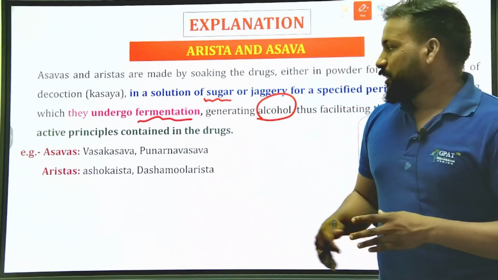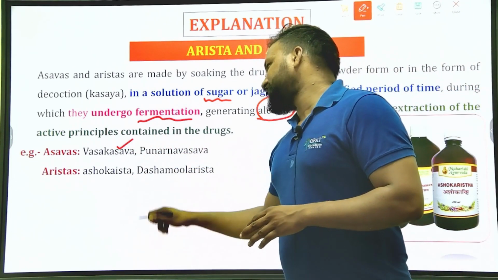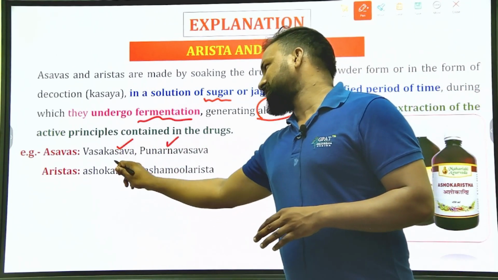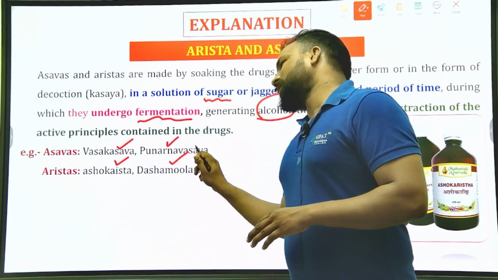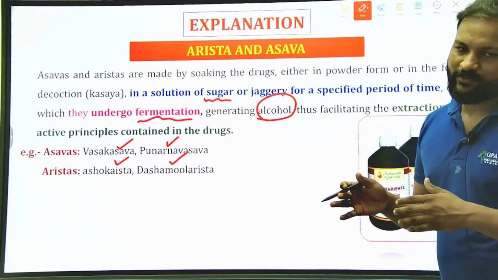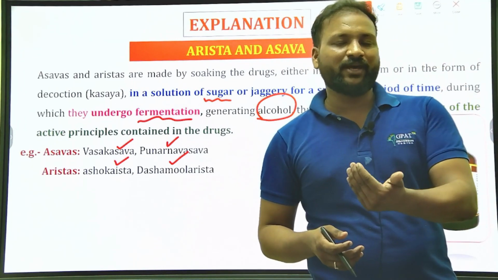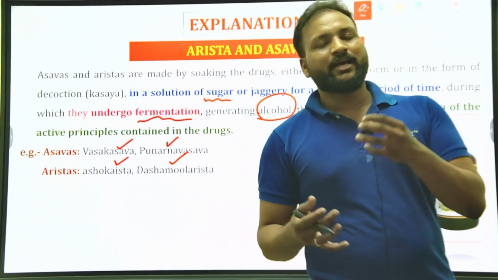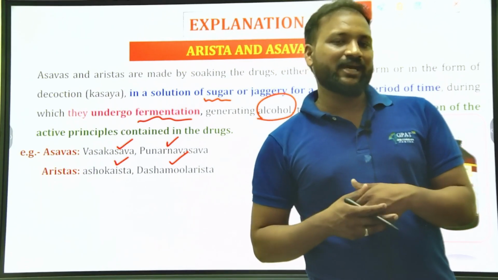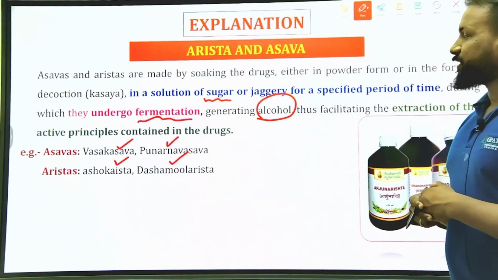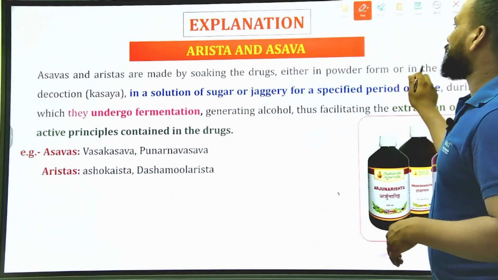Examples are Vasakasava, Punarnasava for the asavas, Ashokarista and Dasmolarista for the aristas. Clear? So these are alcoholic preparations where the drug is suspended in sugar or jaggery for a specific period of time. In that time, they generate alcohol, and active extraction is attained. So that's it. Next question.